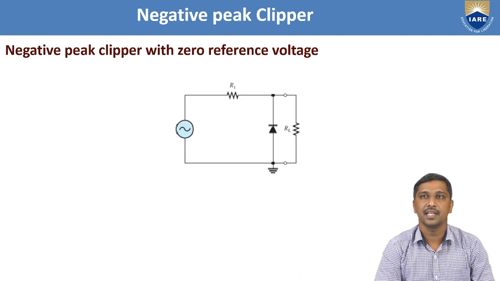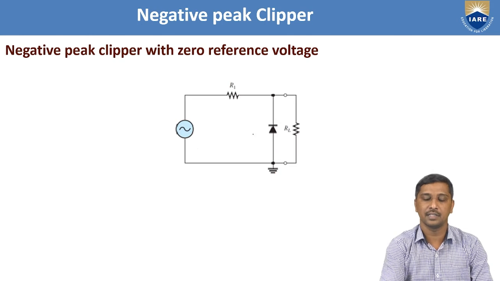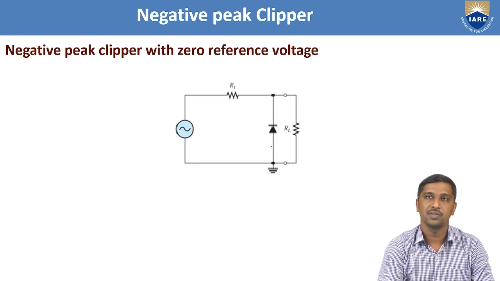For this case, I'll just modify the diode orientation here. In the previous circuit, the anode was connected to the positive side of the given AC signal. But here, the cathode is connected to this side with respect to the anode. Now we'll see what happens.